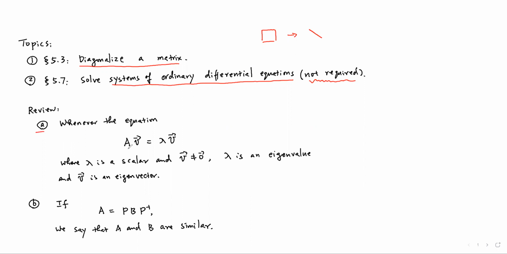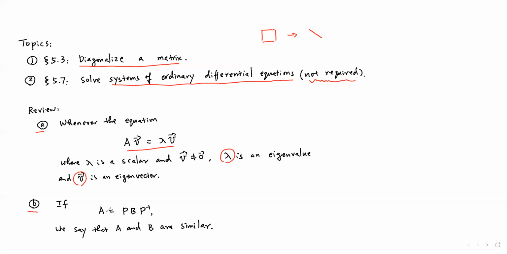Review number one: whenever this equation is true, here lambda is a scalar, v is a non-zero vector, then we say that the scalar lambda is an eigenvalue, and the vector v is an eigenvector associated with the eigenvalue lambda.